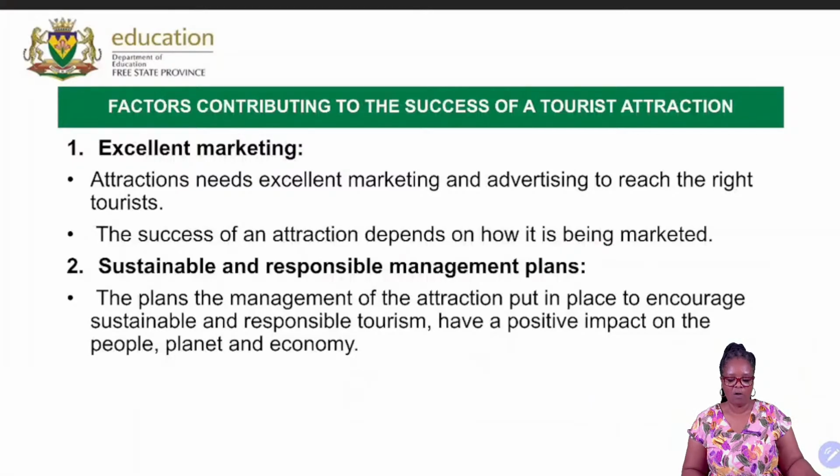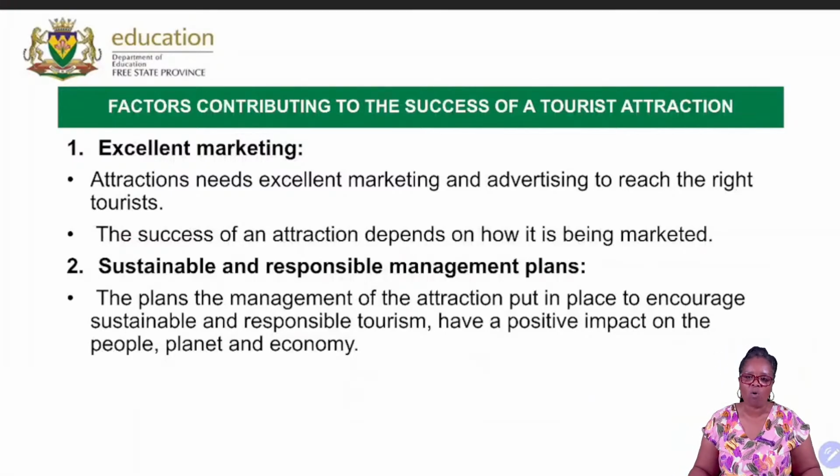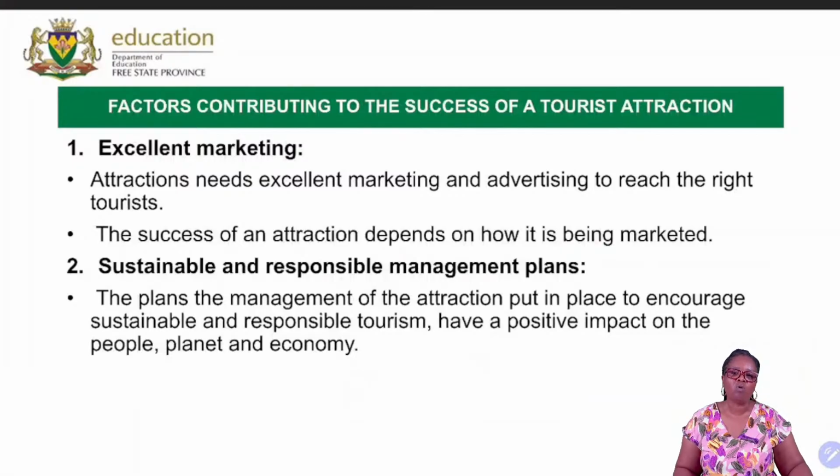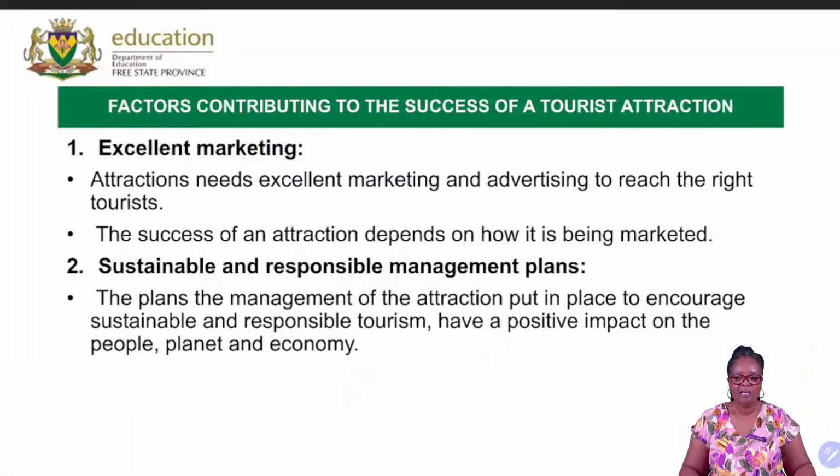That's why we talk about the positive impact on the economy. So they'll be spending their money on transport. Remember, there are people who are working in transport, and we have different modes and types of transport, depending on where they are going, depending on where the attraction is situated.